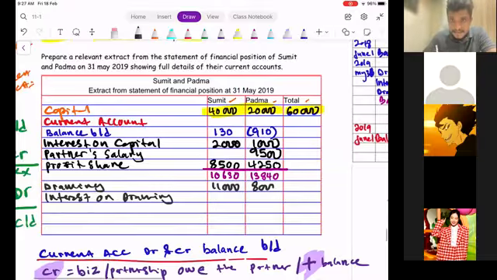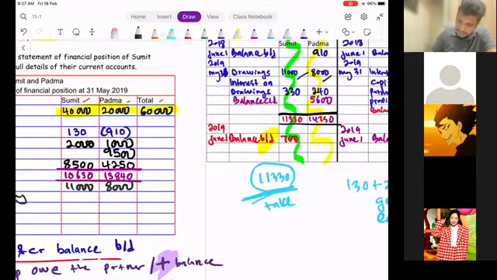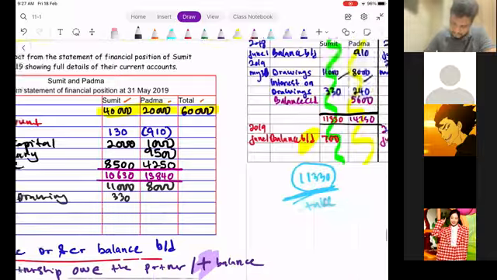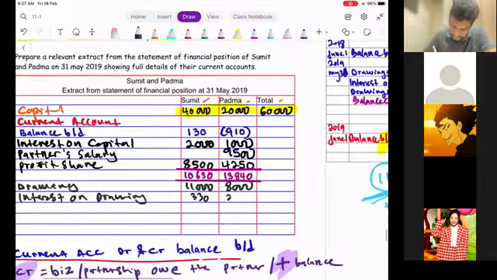Actually, you can double line this to show that this is the total, which is the drawing and interest on drawing are different. Okay, 11,000 and then interest on drawing 330, 240.